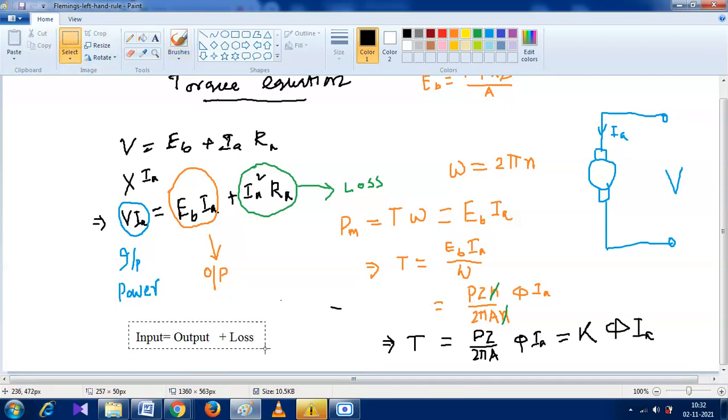So what is the torque equation? T is equal to K phi Ia.